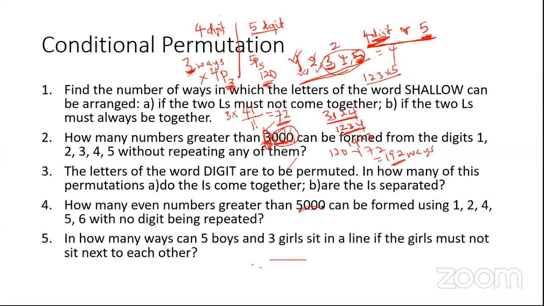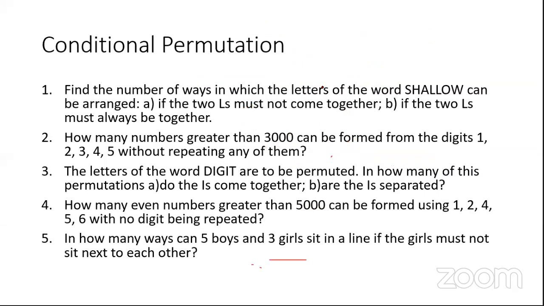Now, how many even numbers greater than 5,000 can be formed using the digits 1, 2, 4, 5, and 6? Now, 5,000 is how many digit number? It is a 4-digit number. So in this case, we can't just use any one to start. 1 cannot start if you are picking a 4-digit number. 2 cannot start, 4 cannot start.